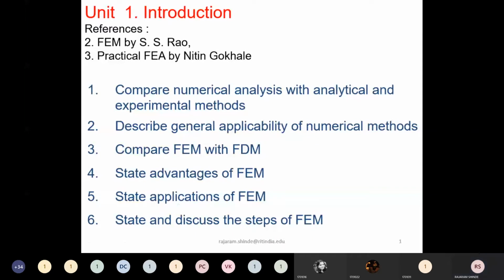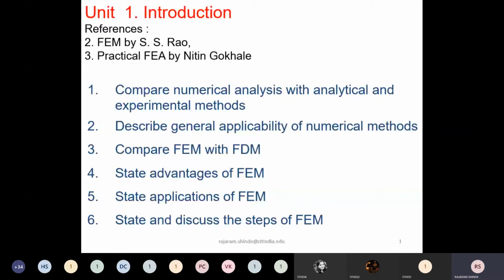Then this sixth point is a very important point, where actual finite element method starts, and we will discuss the steps of the finite element method, and how these steps are applied for analyzing problems under different disciplines, in the next unit.